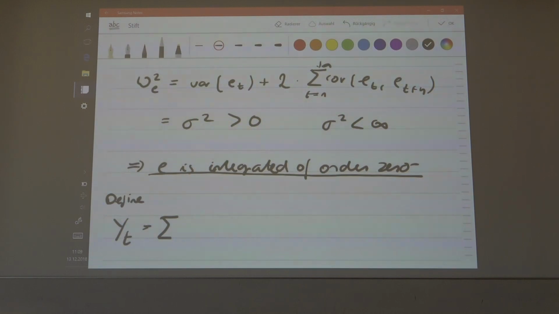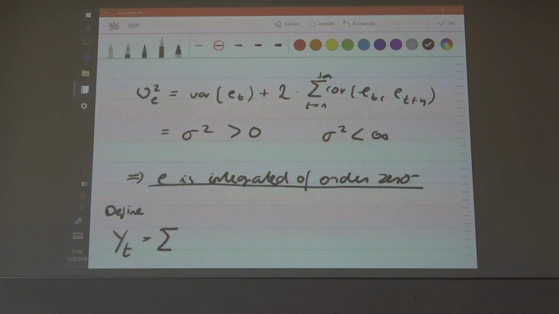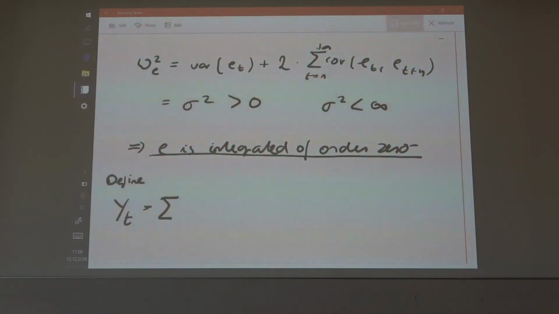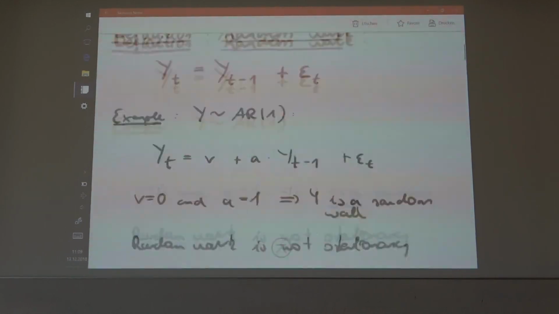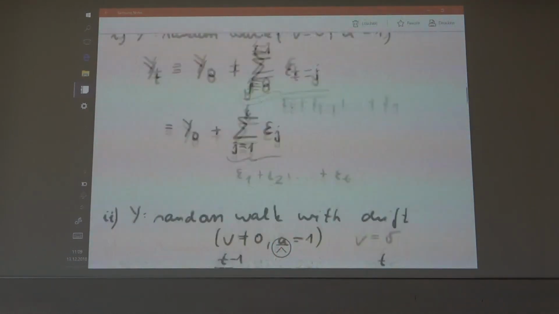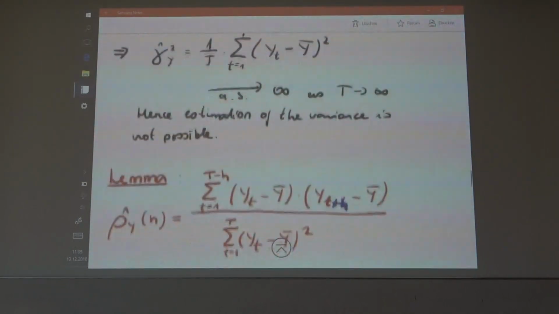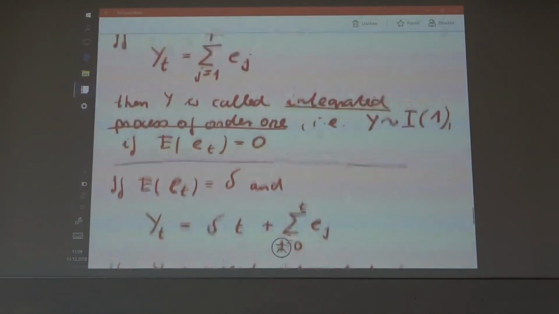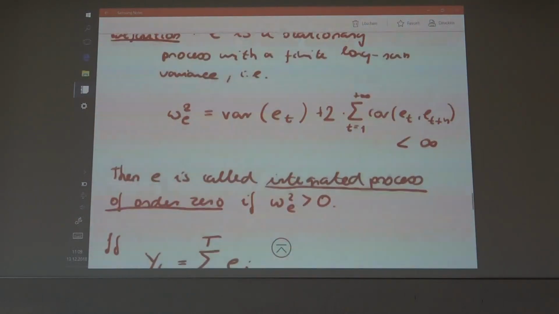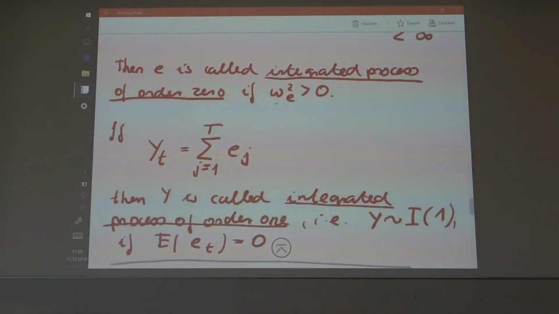What about the long run variance? We had this in the previous section. The definition says it is called integrated of order 0 if the long run variance is greater than 0.